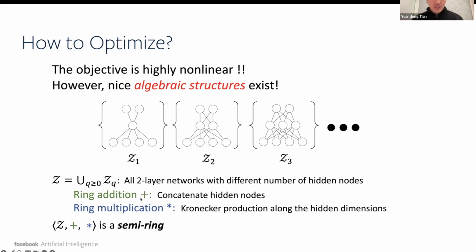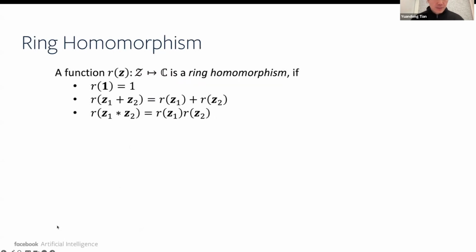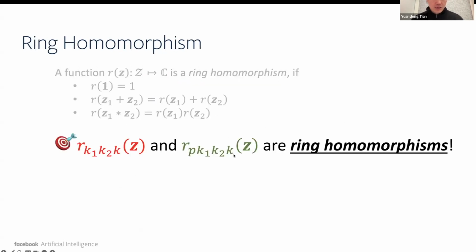Ring addition is very simple: concatenating hidden neurons together. The ring multiplication is done by a Kronecker product along the hidden dimensions. In that case, this structure becomes a semi-ring. And moreover, the two terms that you saw previously in the loss functions are actually ring homomorphisms for the semi-ring structure.